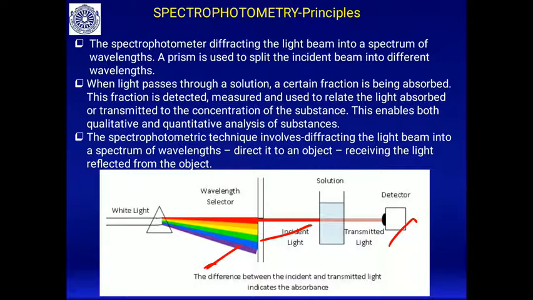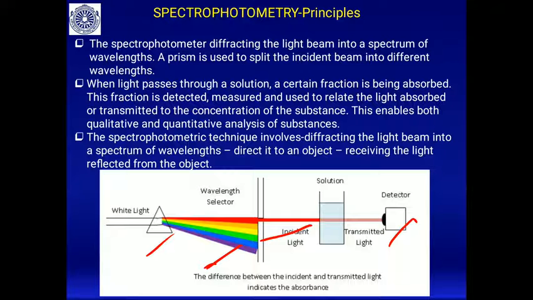So this is how we can measure the amount of light absorbed and the amount of light transmitted. From this we can analyze the quality and quantity of the solution. Quality means what type of component is dissolved in it. The spectrophotometric technique involves diffracting the light beam with the prism.